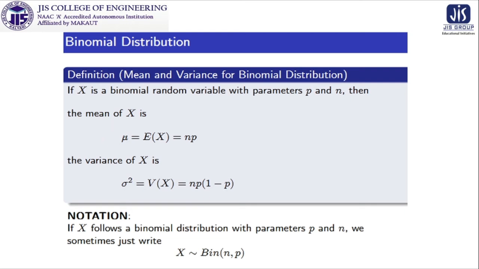Now the mean of X, from the definition for a discrete random variable E(X), will be np, and the variance will be np into (1 minus p). Variance here is sigma square, and the notation is that X follows the binomial distribution with parameters p and n. We sometimes just write it as BIN to denote that it follows the binomial distribution with parameters n and p.